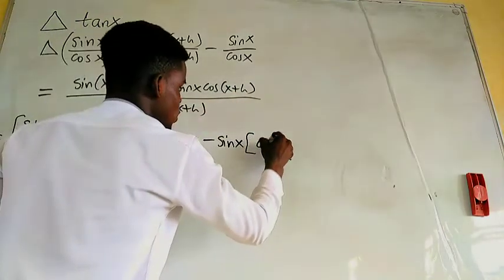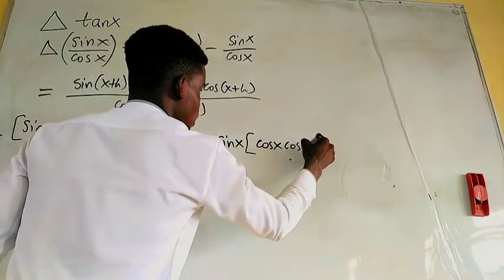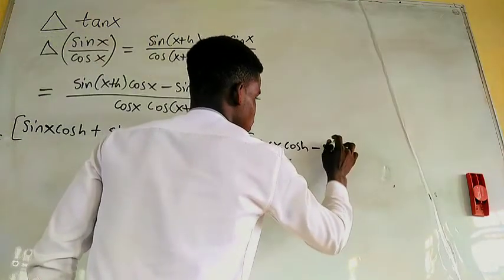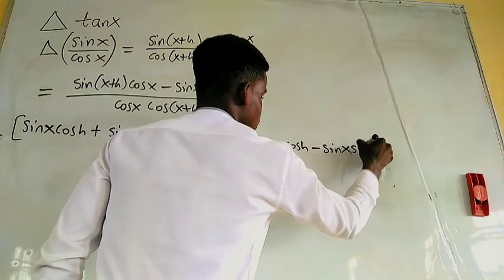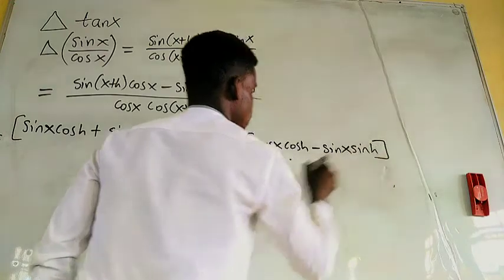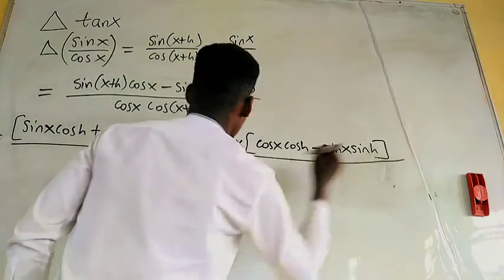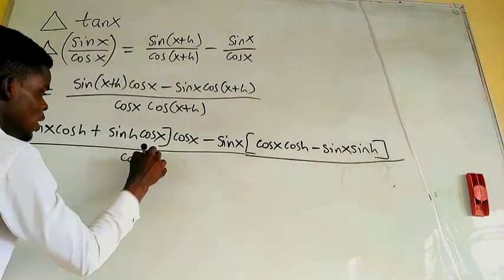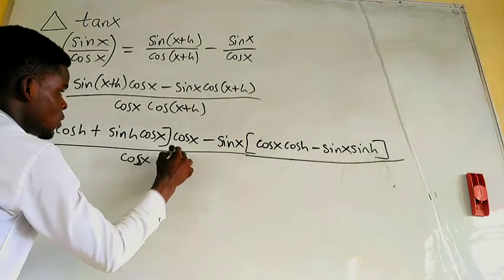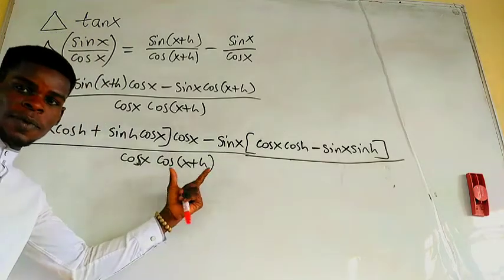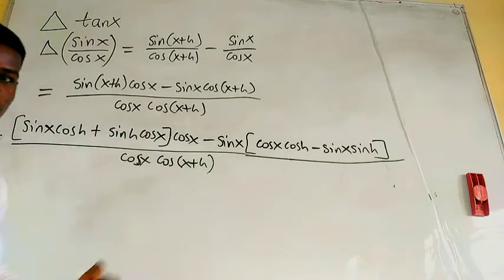I will have cosine of x cosine of h. This is addition, so I'm going to subtract sine of x and sine of h, like this, right? And in the denominator, we still have what we had, so that will be cosine of x and cosine of x plus h. I don't want to expand this because I've seen already there's no point, right? We're not going to make use of that.